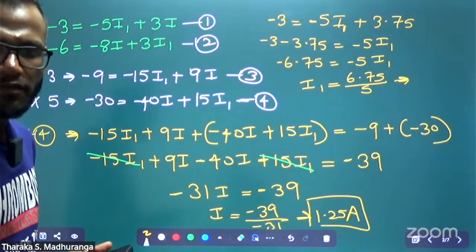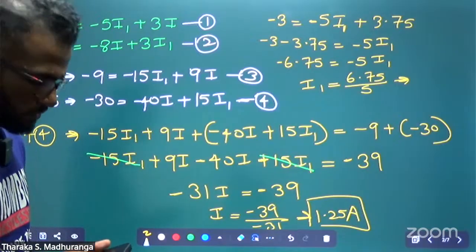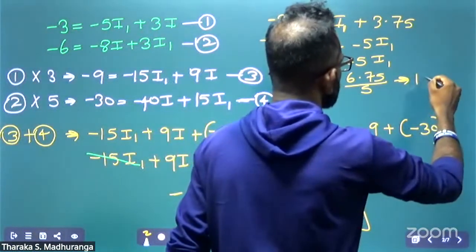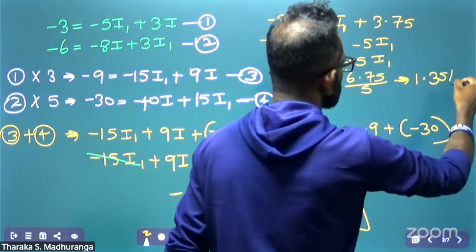Shenan, it is not 1.87, it is 1.35. Plus 1.35 ampere.